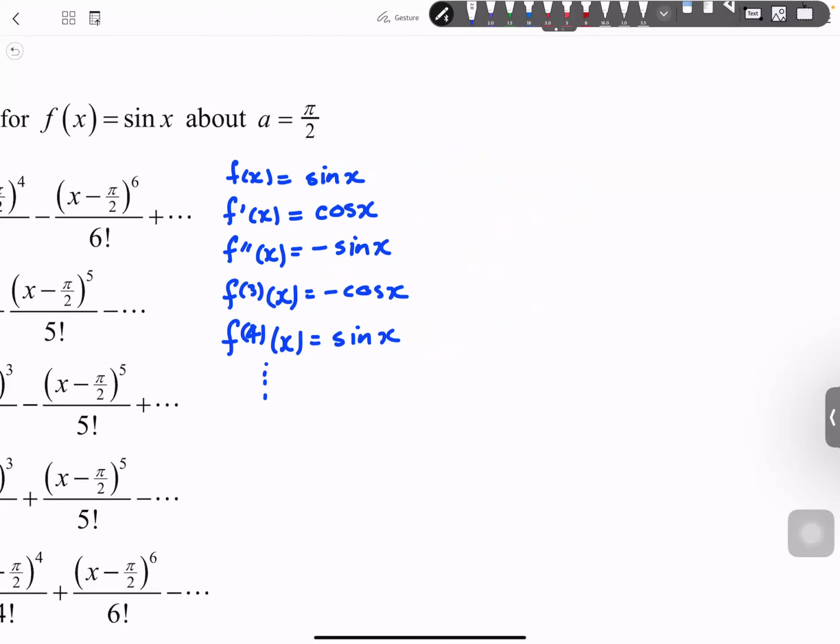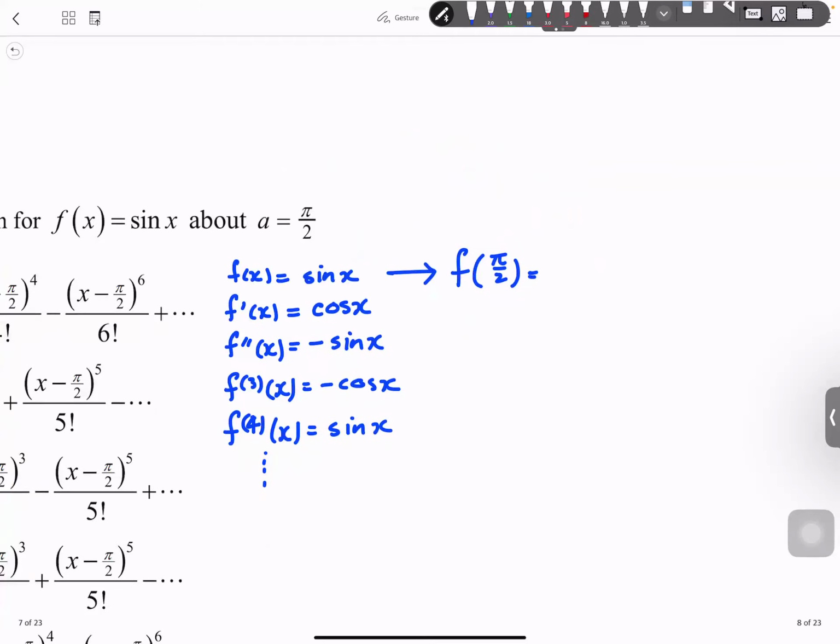All right, we want to evaluate each one of these at pi halves. So f evaluated at pi halves. Again, in case you forget, I'm going to draw them up here for you. Here's a graph of, this is cosine of x, right? So at pi halves, it's equal to 0.